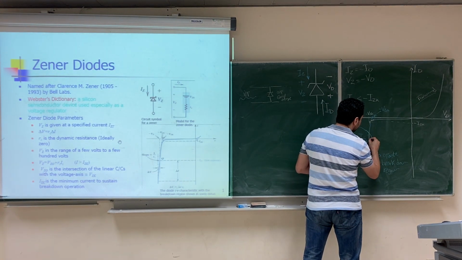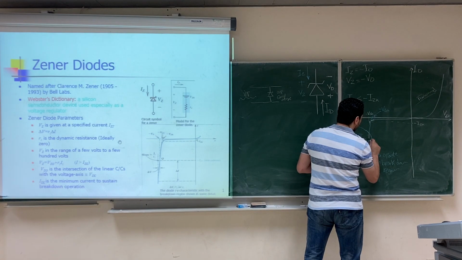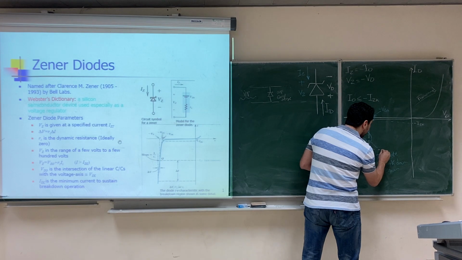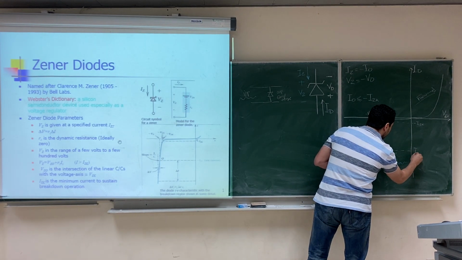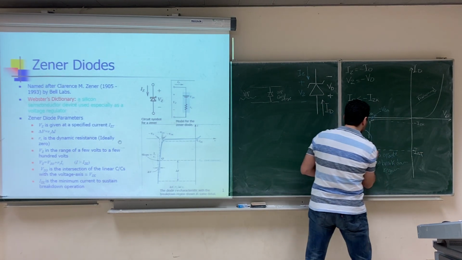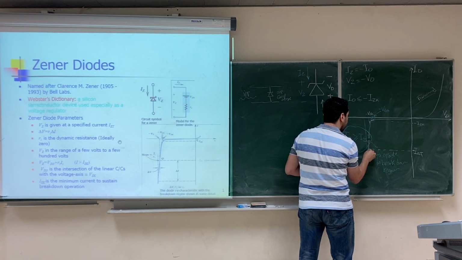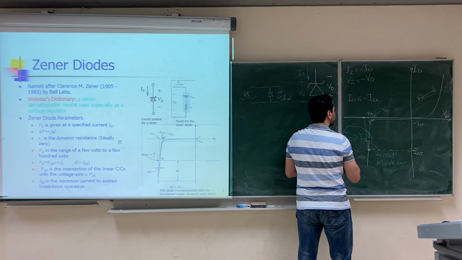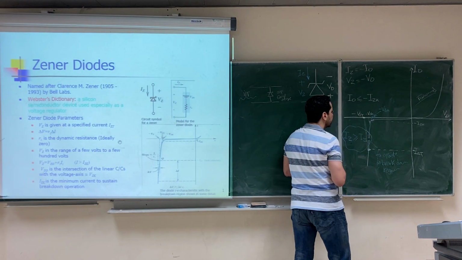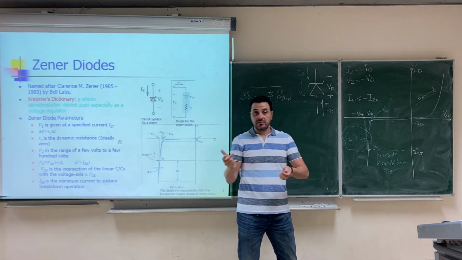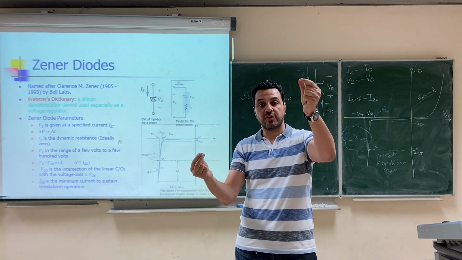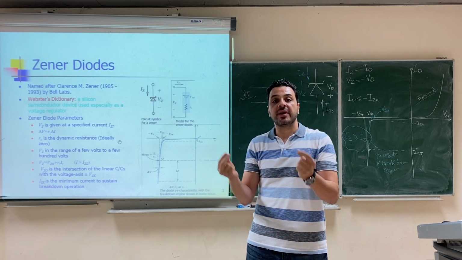So they do a test and they say in the data sheet, let's say our Zener diode will be working at this test current, negative I Zener test, at this test voltage, negative V Zener test. So they do a test for any Zener diode and they measure the current and the voltage in the middle of the breakdown region.